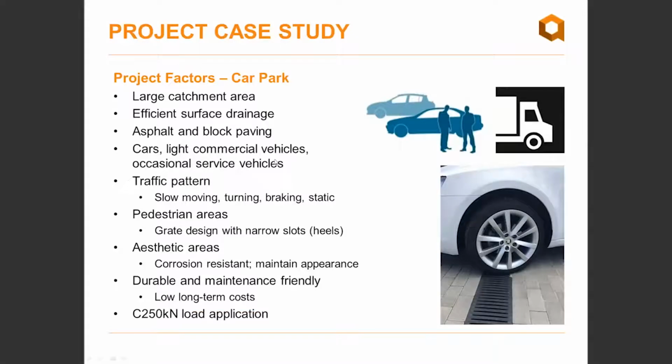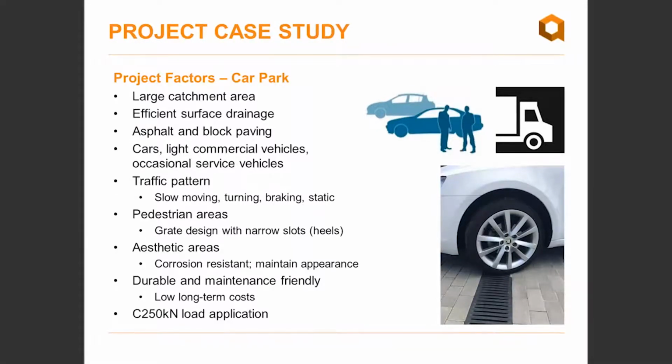The project factors with regard to the car park was a large catchment area. They obviously required efficient surface drainage, asphalt and block paved surface. The area was trafficked by cars, light commercial vehicles, and the occasional service vehicle. The traffic pattern was slow moving, typically in these areas, turning, braking and static loads. Obviously pedestrians were apparent in the area as well, so the grates needed narrow slots for ladies' high heels.